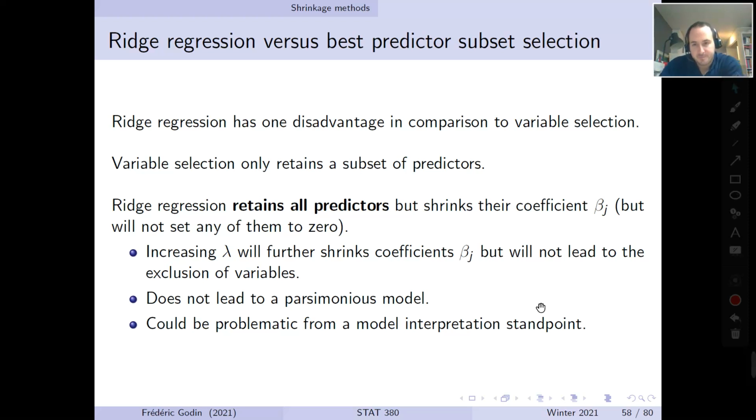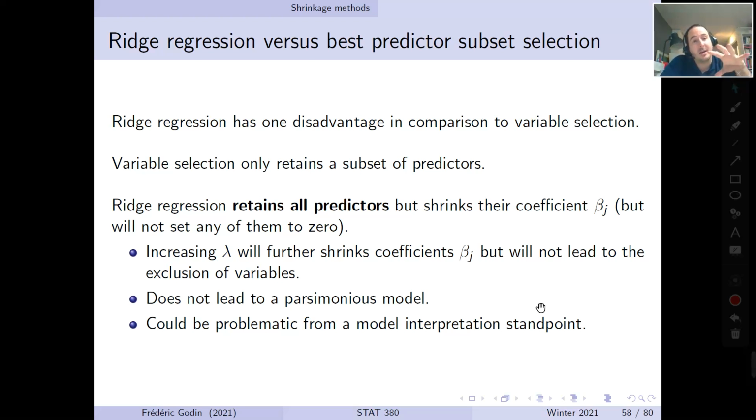Because when you apply a ridge regression, your result will still retain all parameters, except their coefficients will be shrunk towards zero. No predictor will have a beta which starts from a non-zero value and is shrunk to a zero value when lambda is increased.